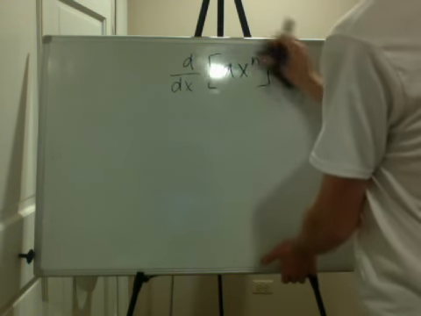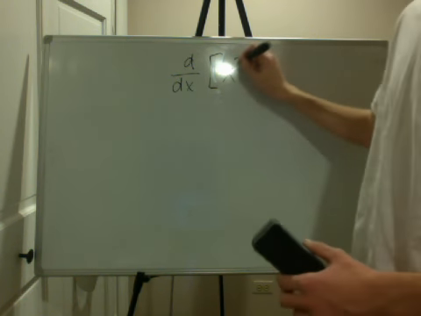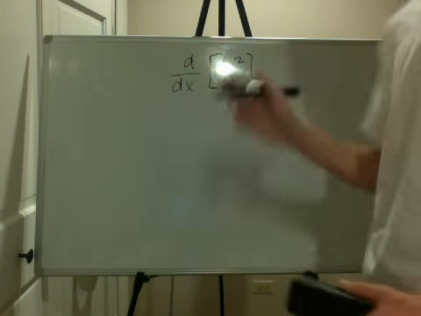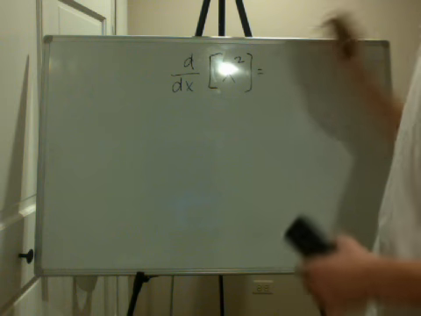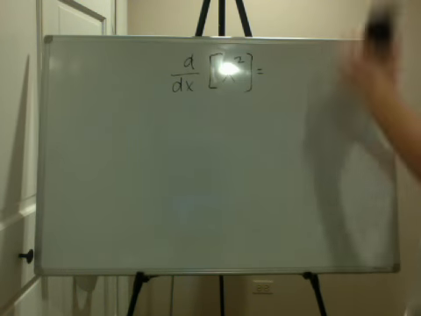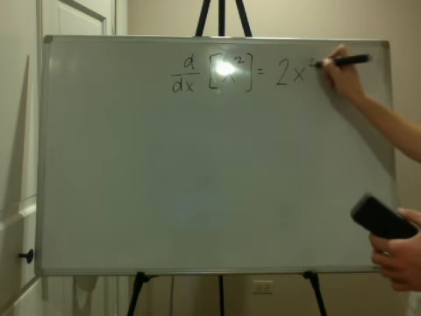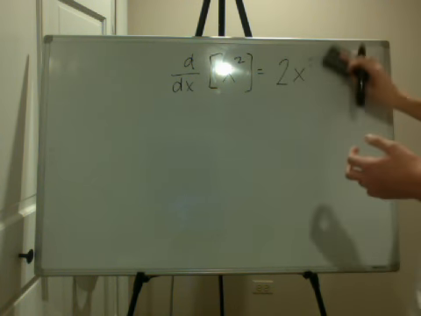So if we do right now the derivative of x squared, we'll pull down the 2. So if you were doing the derivative of x squared, pull down the 2, and then it would be x to the 2 minus 1, which would just be 1, and x to the 1 is just x.